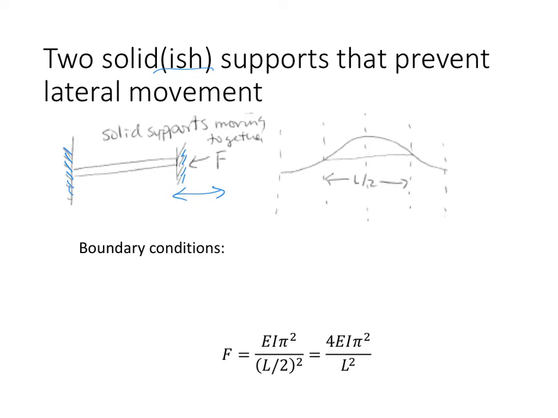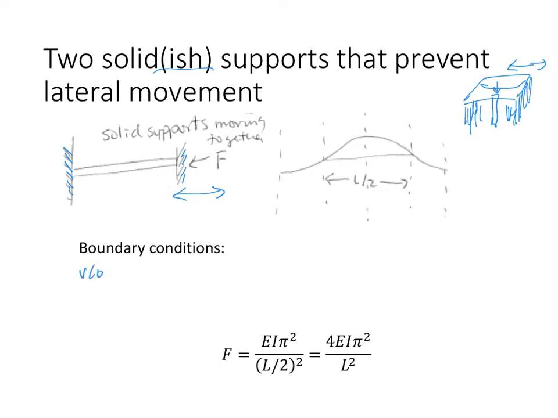So you might imagine a situation where you have a post that is holding up a ceiling, but the ceiling is maybe attached by walls on all sides that really prevent movement in this lateral direction, but it can still bend a little bit, putting force on the post. So this post is just preventing compression of this floor, but its job is not to prevent side-to-side movement. That's already being prevented. So that would create these two solid-ish supports.